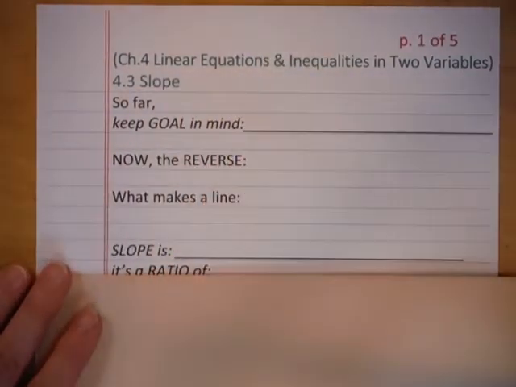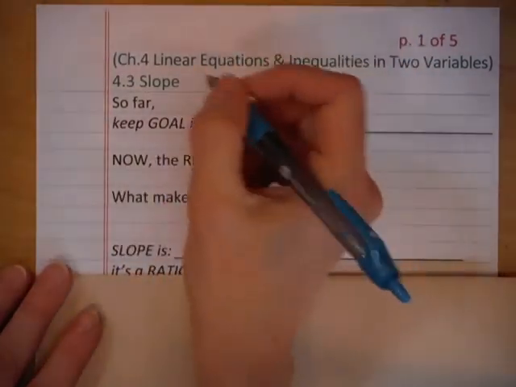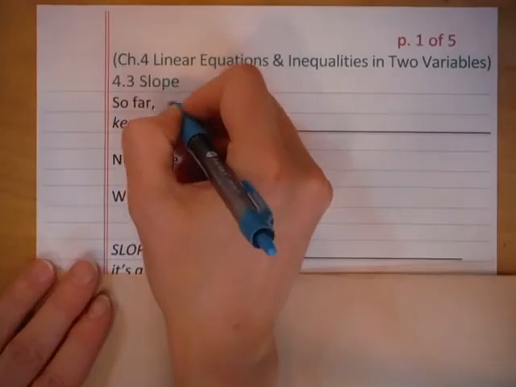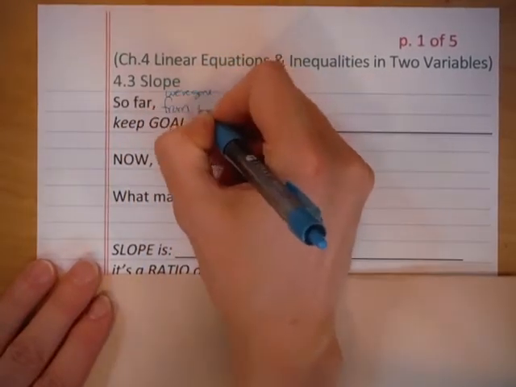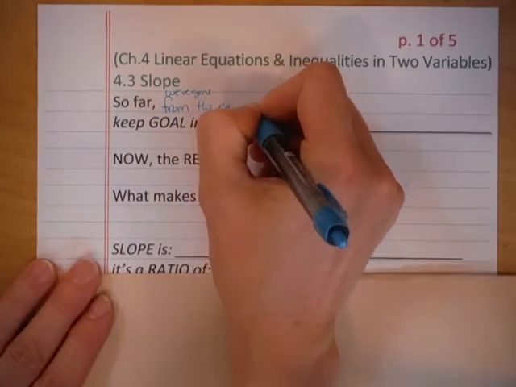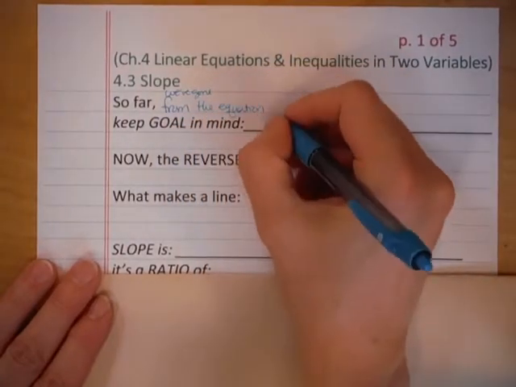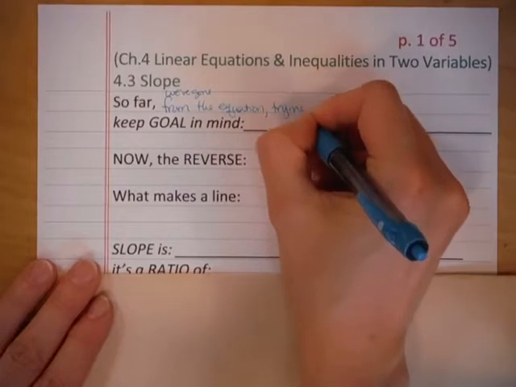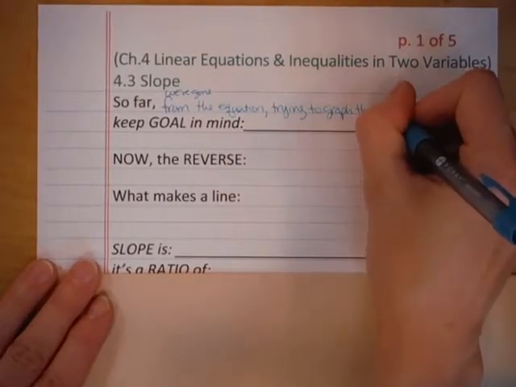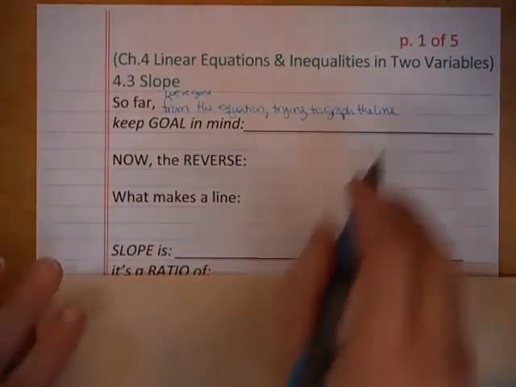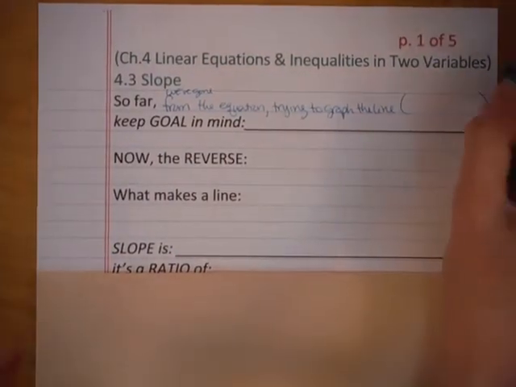So far, what we've done is to work from the equation, trying to graph the line. And we had two ways of doing that so far.